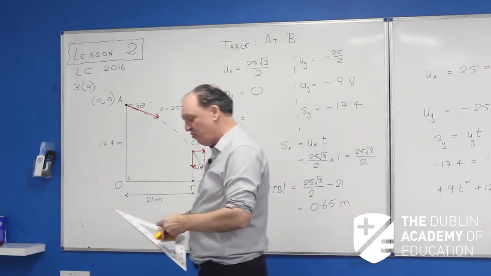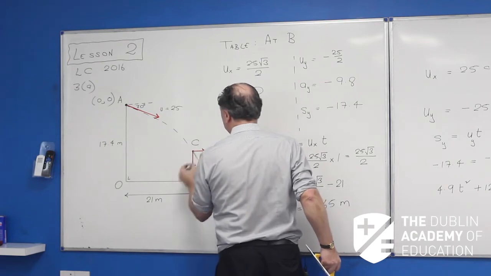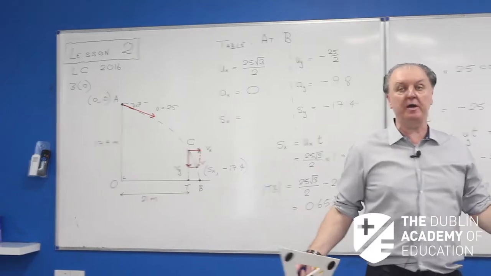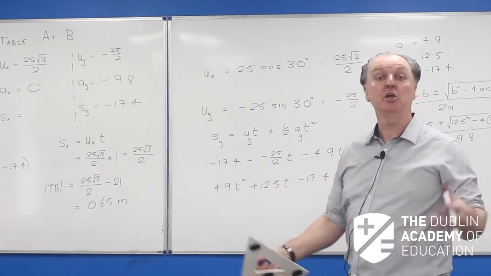So those two red components are Vx and Vy. I can work out Vx and Vy from my table, and then I can put them together using Pythagoras.